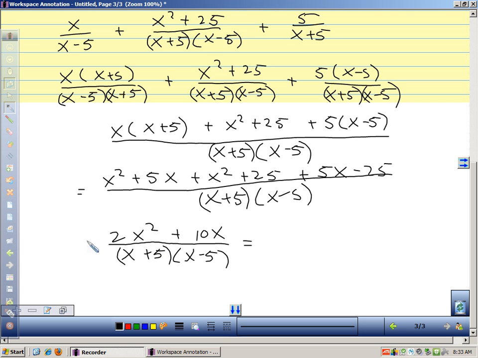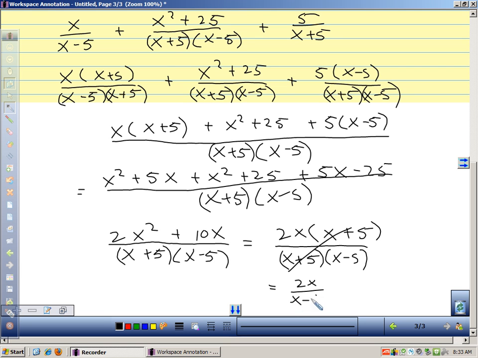What do I want to factor out of this in the numerator? 2x times x plus 5 over x plus 5 times x minus 5. My x plus 5's cancel, and I finally get 2x over x minus 5.